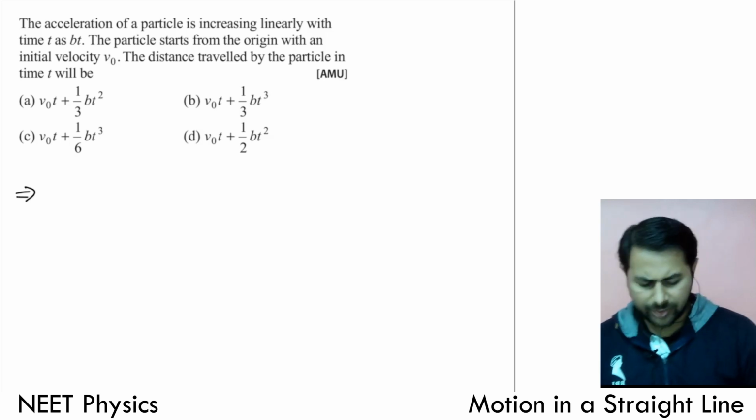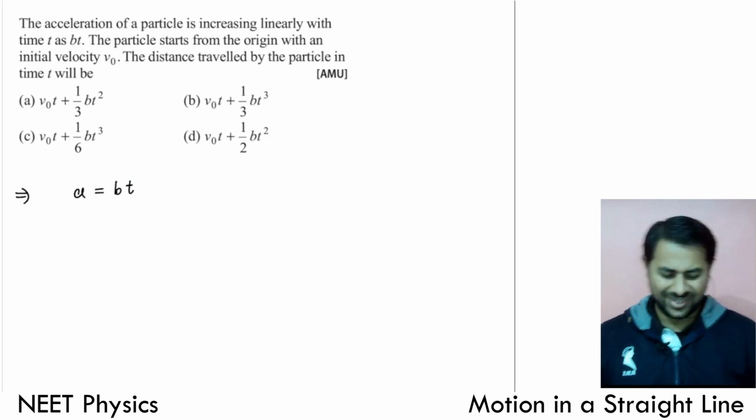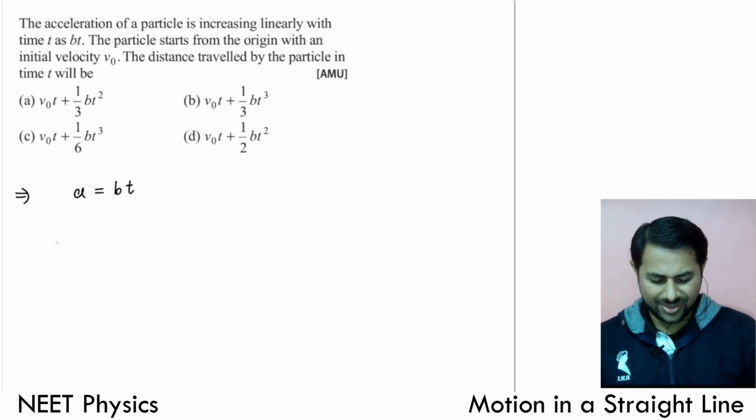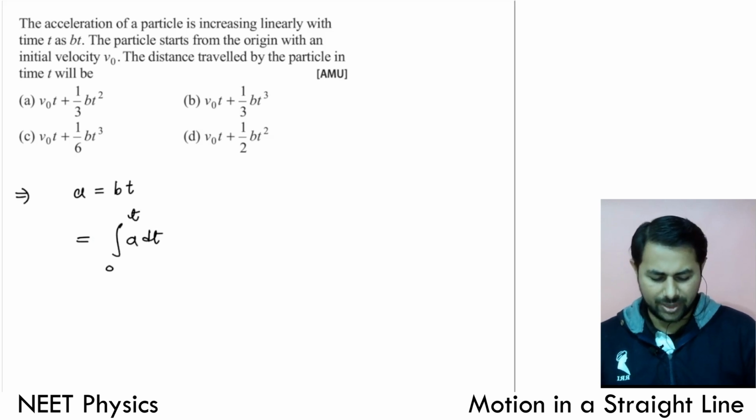Acceleration is given, a is equal to bt, and you want distance, so just double integrate that. If you integrate a dt from 0 to t, what will you get? You will get v minus v naught.